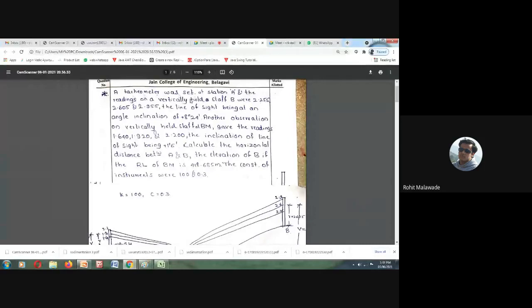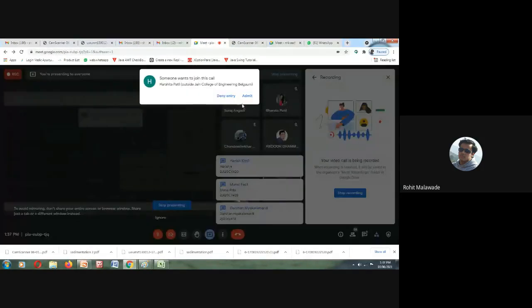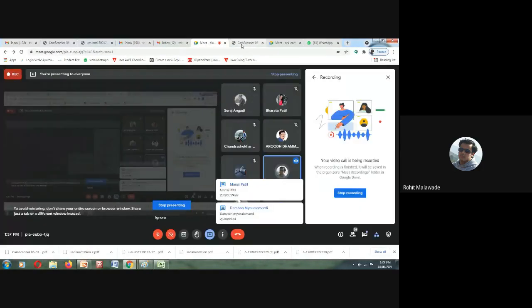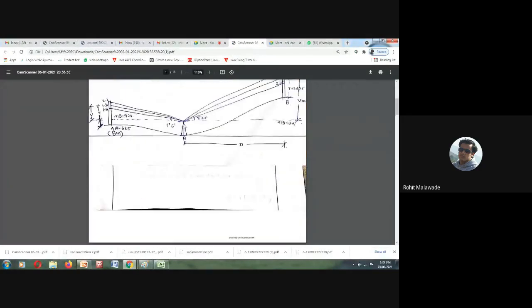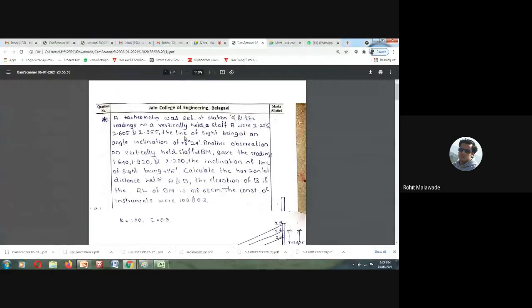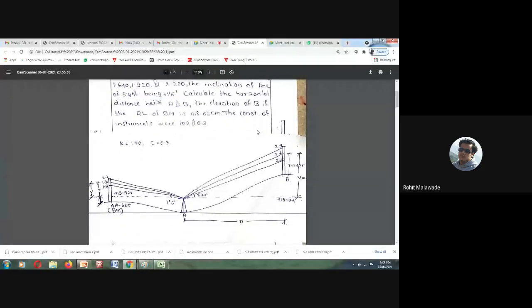Your tachometer was set at A, and the readings were taken on a vertically held staff. So this is your station A, with the tachometer at station A, and the reading was taken on the vertically held staff B.